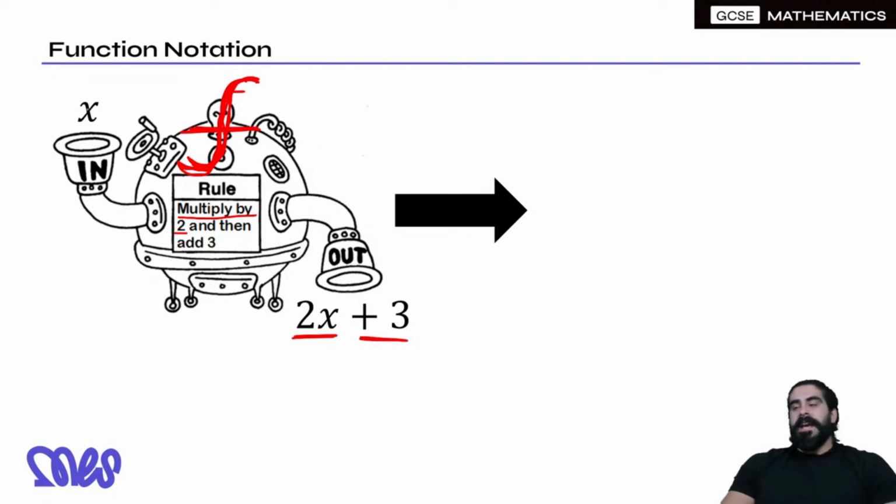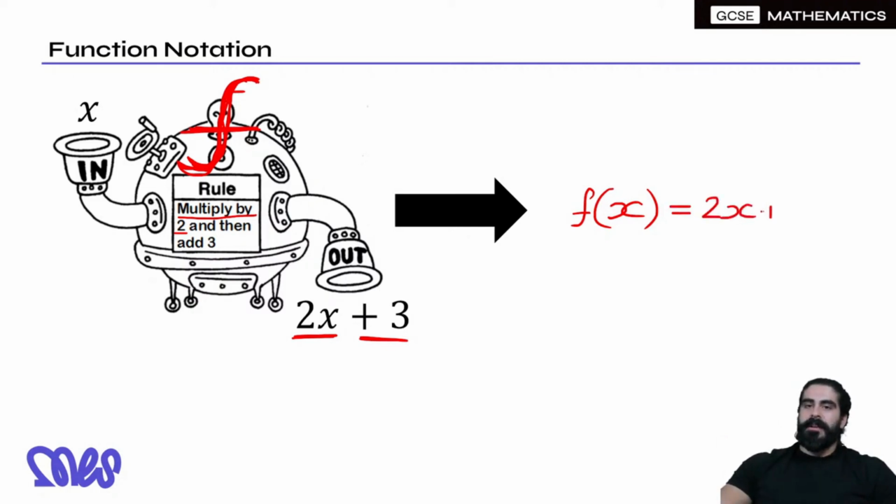Now you take x, you substitute it into the function machine. When you substitute it into the function machine, we write this, f of x. So you're taking x and you're substituting it into f. When you do that, that equals 2x plus 3.